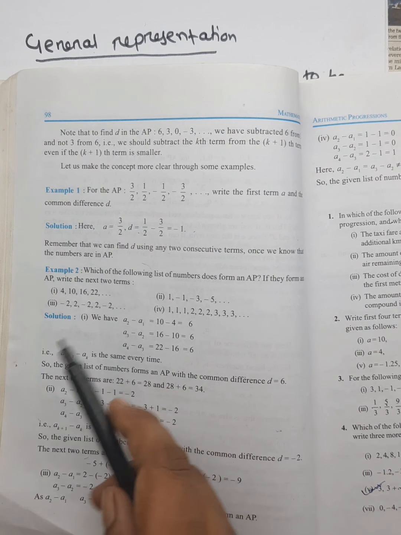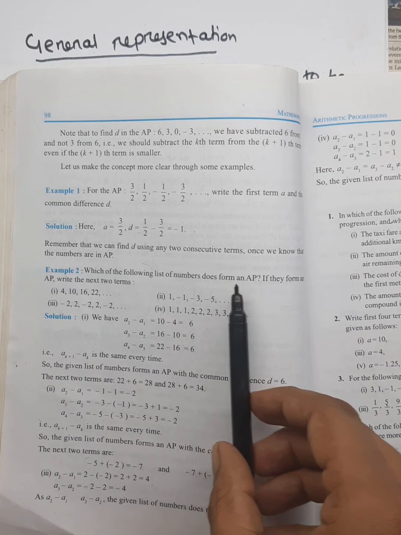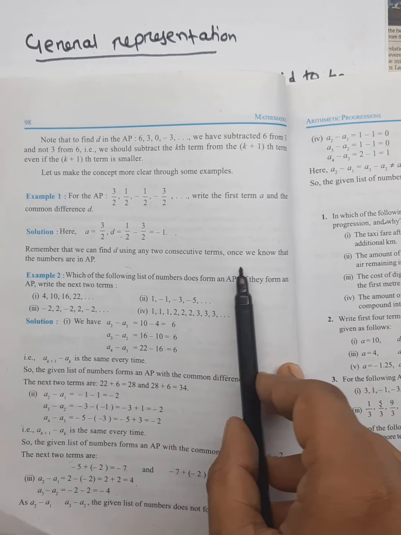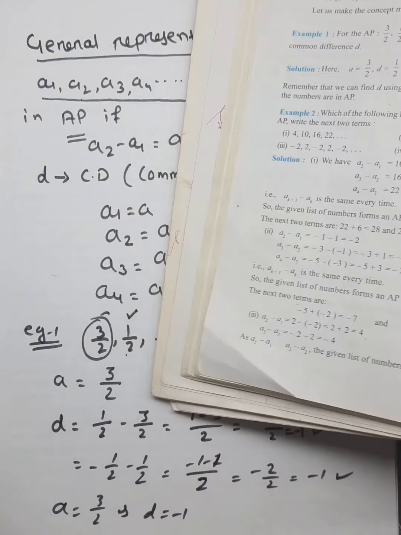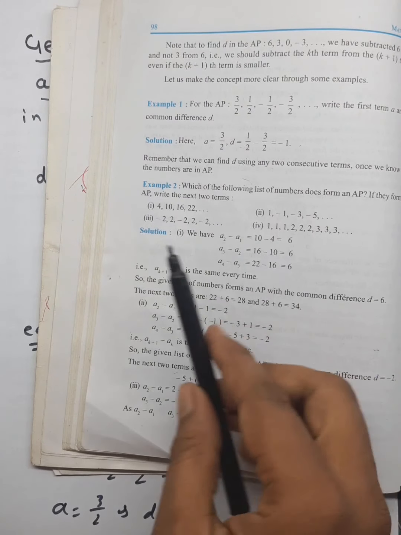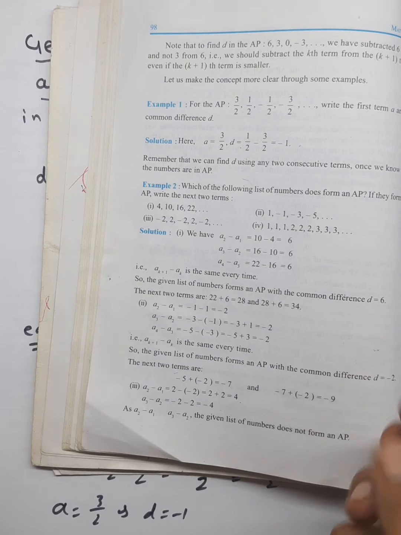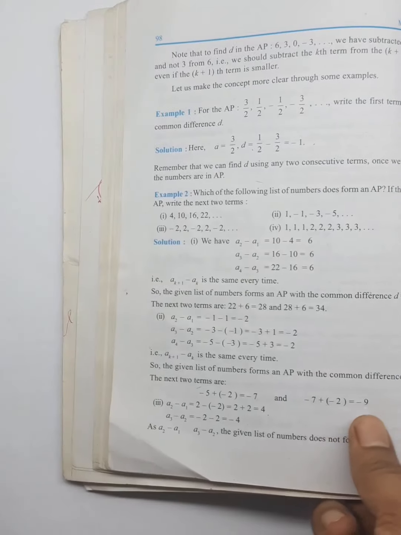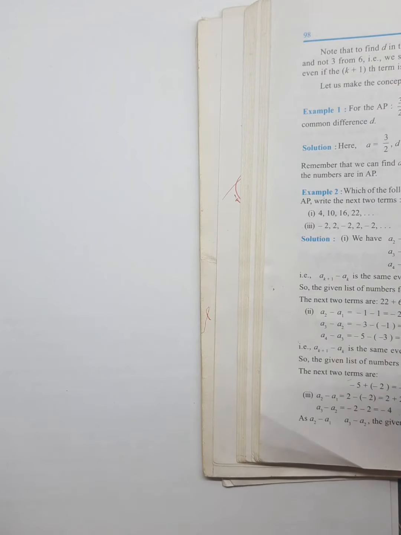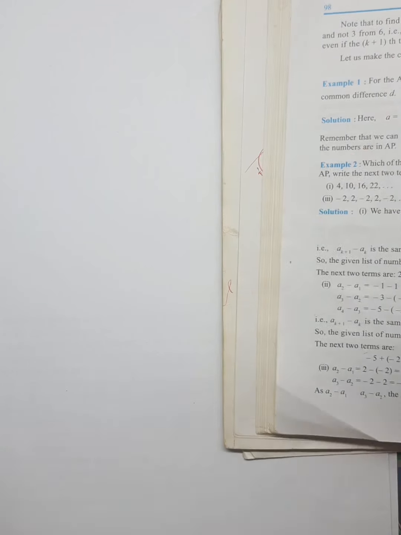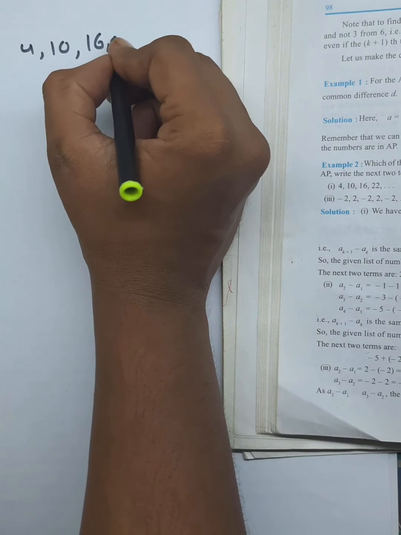Let's see the second example. Which of the following lists of numbers form an AP? If they form an AP, write the next two terms. Say which of these numbers are in AP and which are not. The first list is 4, 10, 16, 22.